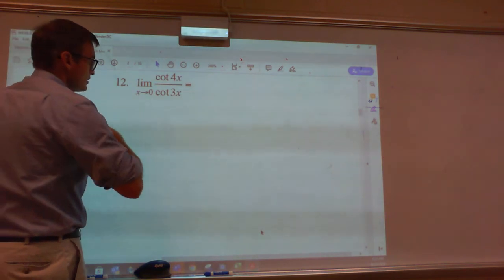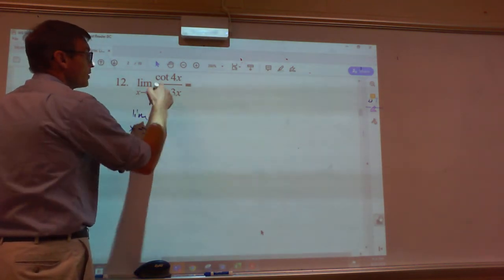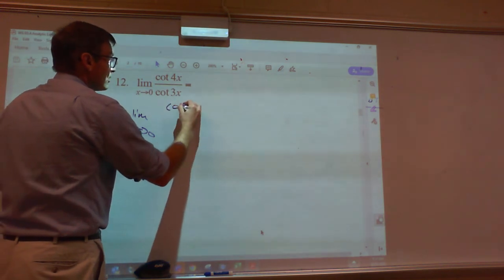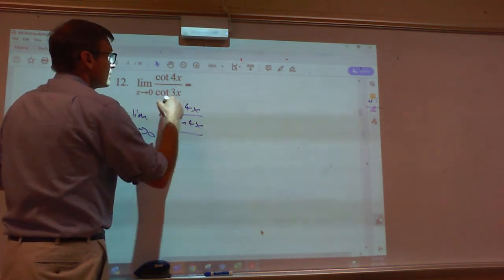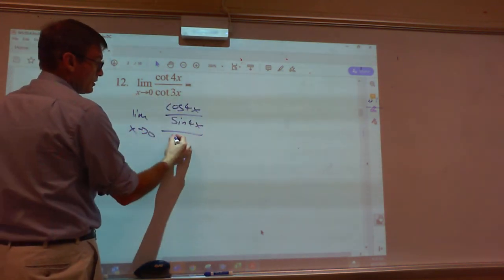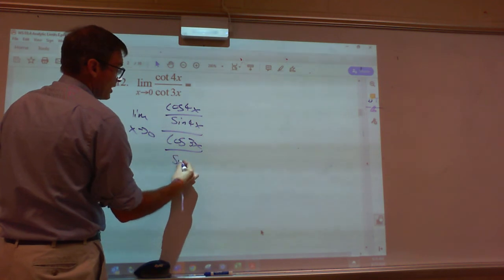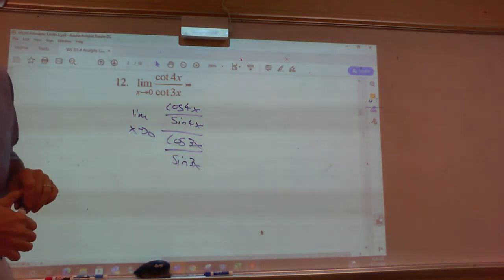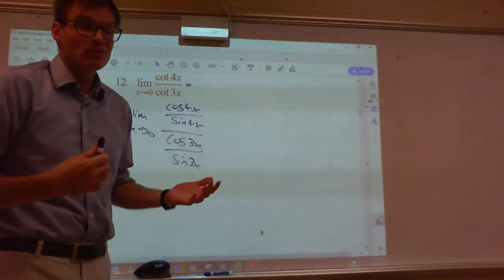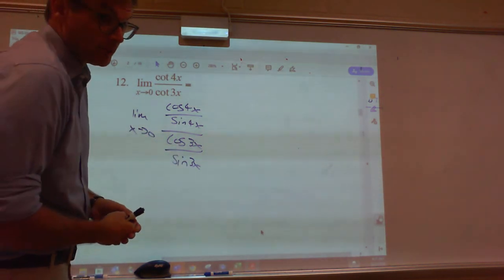I'll say this is the limit as x goes to 0. Cotangent of 4x is going to give me cosine of 4x over sine of 4x. And cotangent of 3x is going to give me cosine of 3x over sine of 3x. So step one, right now, the only thing you know how to deal with limits with trig functions is pretty much just with sine.